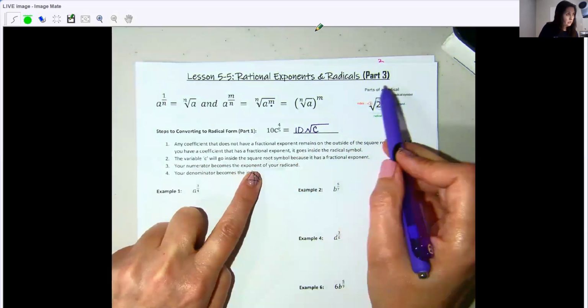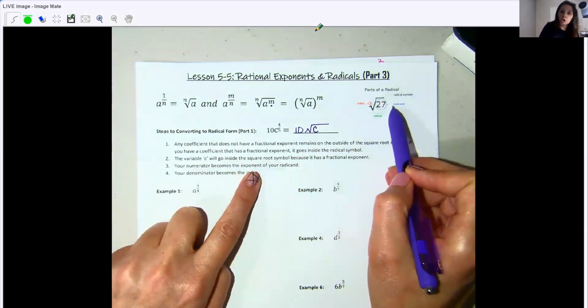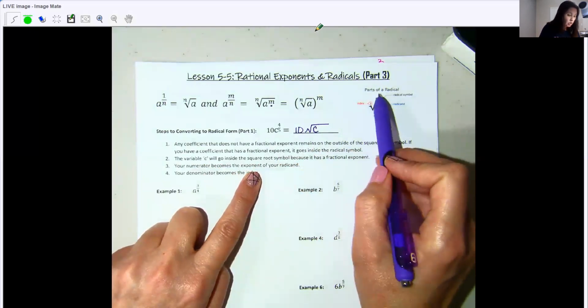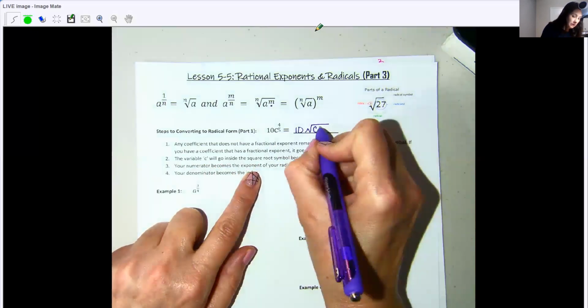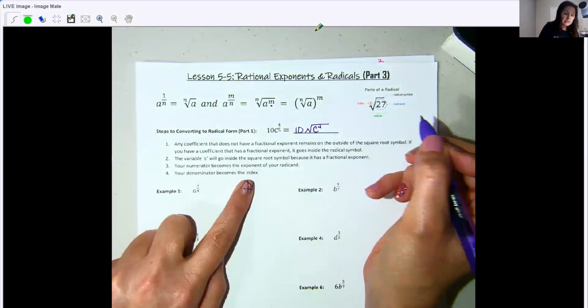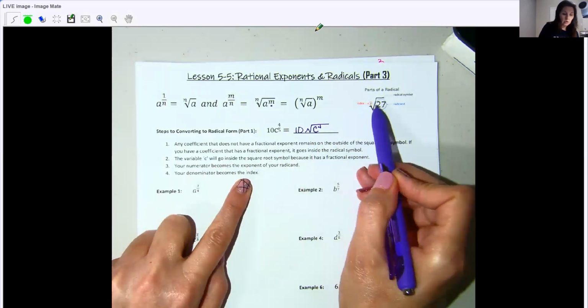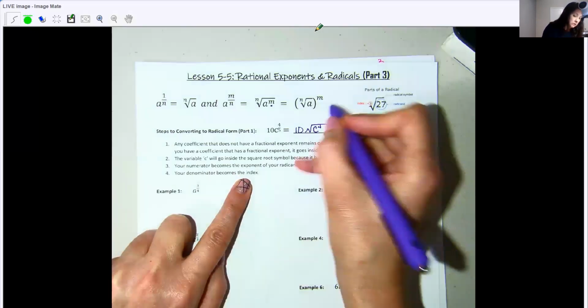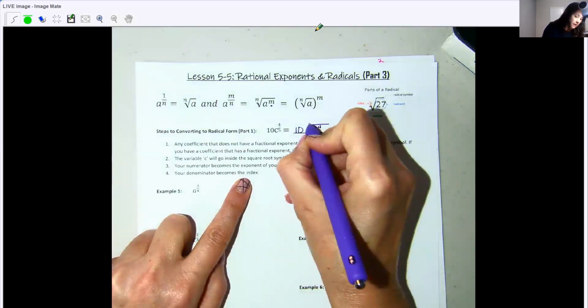And I put this up here again. The radicand is the term inside of the radical symbol or the square root symbol. So the numerator becomes the exponent, and the denominator becomes your index. Remember, your index is the term that goes right outside of your radical symbol. So that would be 5.